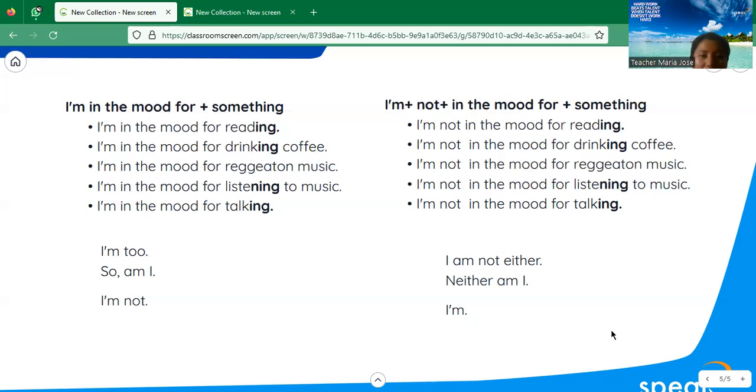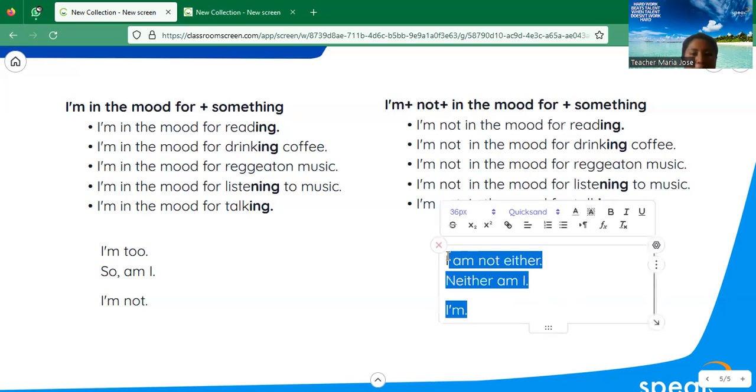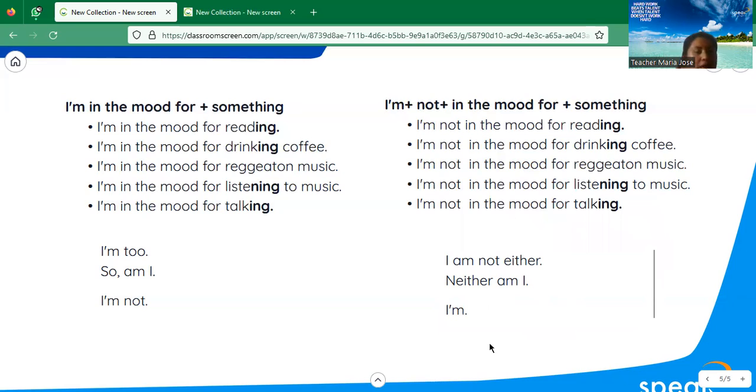So now that we practice with this, I will send you for a few minutes to the groups, the rooms, okay? And I want you to keep discussing things that you are in the mood for or things that you are not in the mood for. Things that you can do, things that you can't, and practice saying the answers. Use either, neither, too, and so.